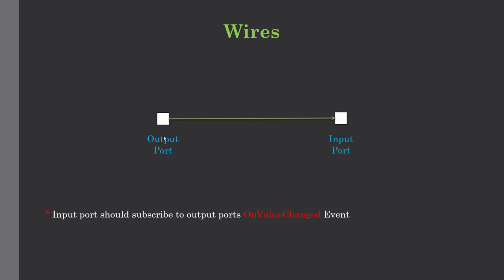So imagine if we have this port and this port, and if we connect them to each other, the input port will subscribe to the output port's on changed value event. So when the event right here is invoked, the value in the input port will be automatically changed. Maybe this is a little bit complicated to understand, but when we make that in Unity, I think it will be clear. So let's go to Unity right now.